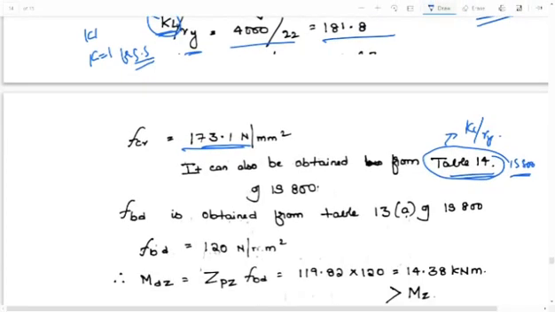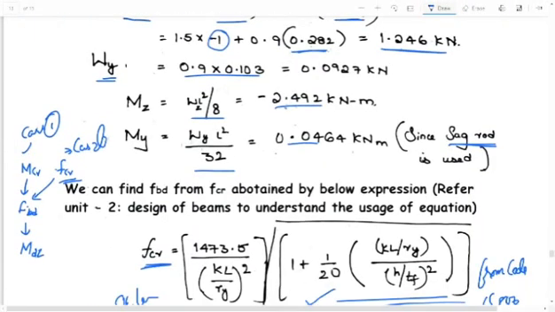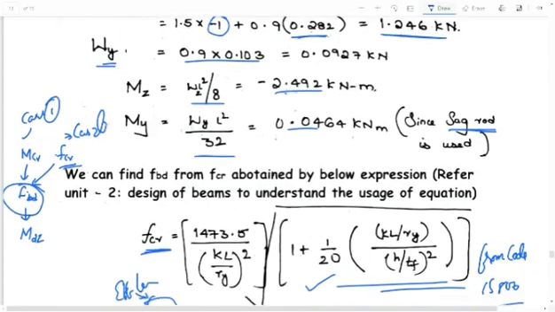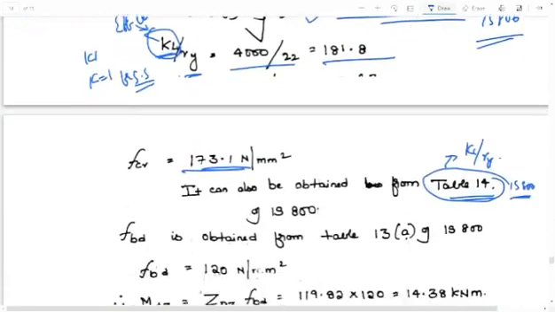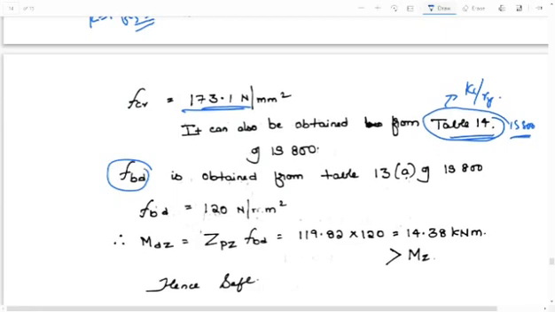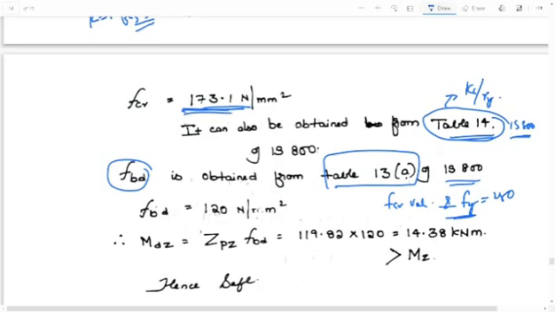Okay, so now I know FCR. So now what I should do is find out FBD and next MdZ. FBD can be obtained from table 13A of IS 800. You need two values, that is, FCR and Fy. You know Fy is 250 and FCR is 173.1.